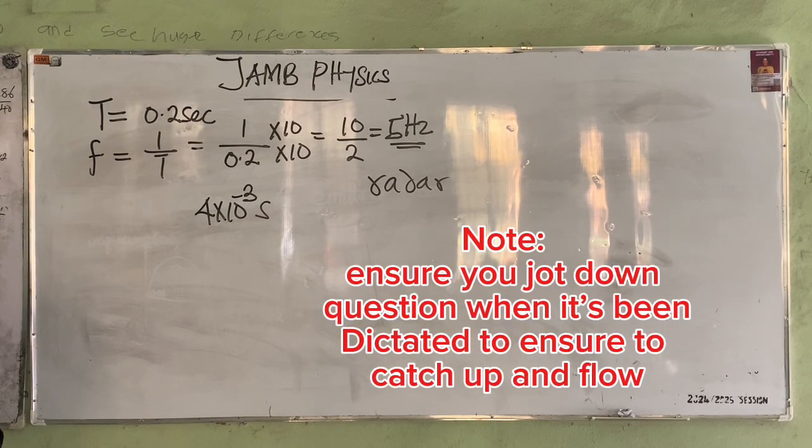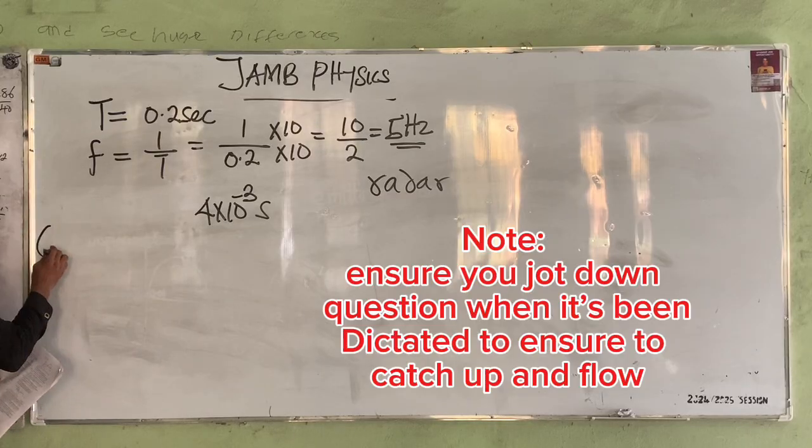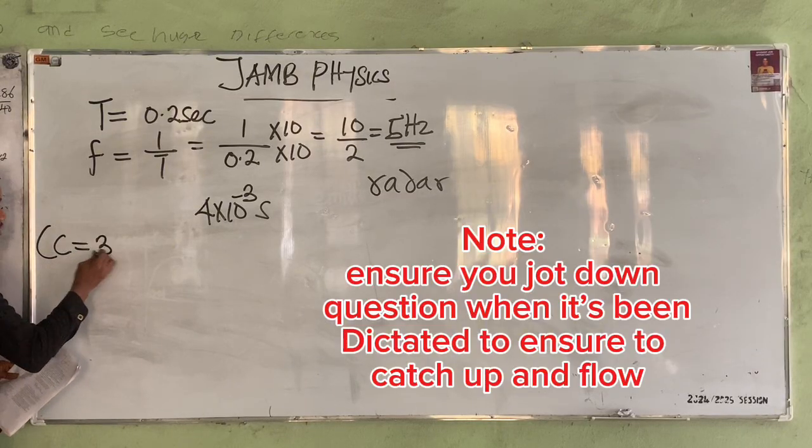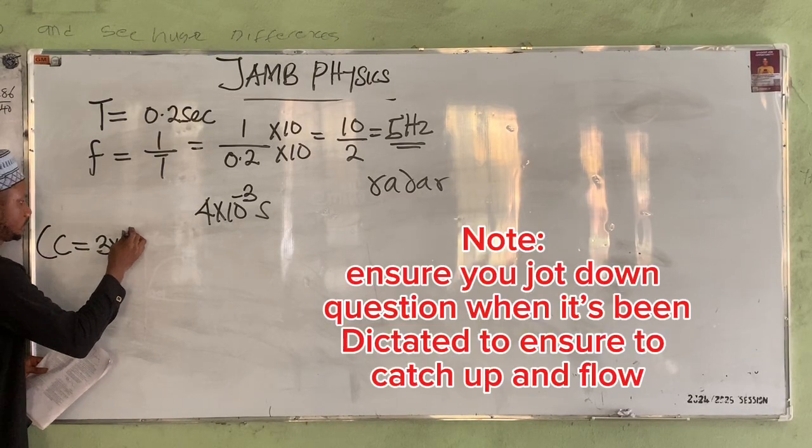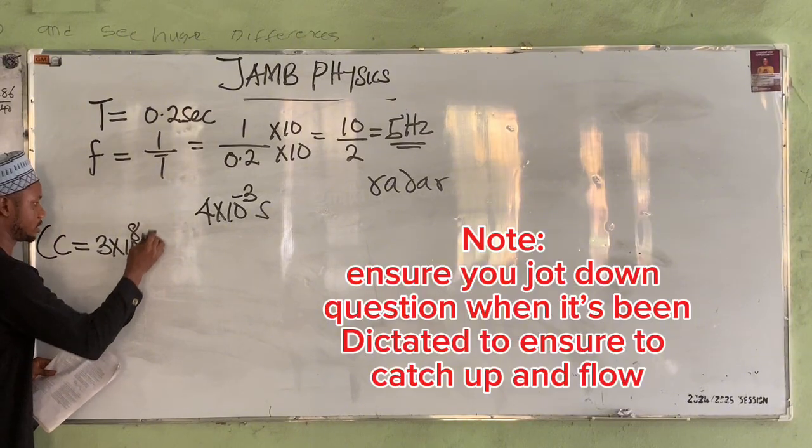How far is the aircraft from the antenna? In brackets, they gave us C equal to 3 times 10 raised to the 8 meters per second.